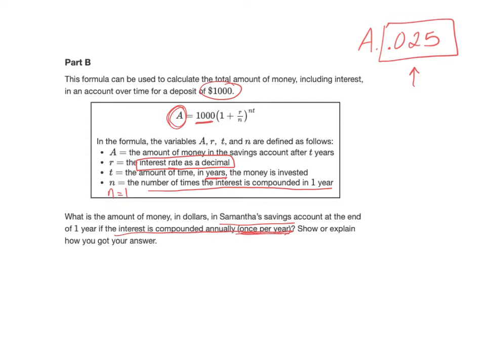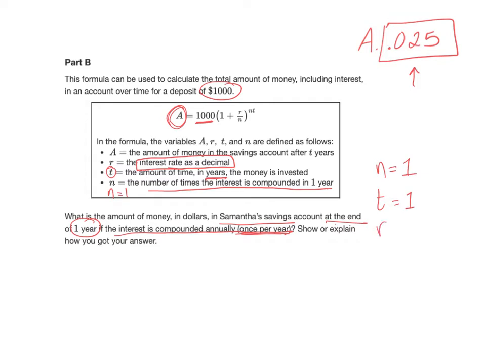And the time frame, actually, oh yes. So what is the amount of money at the end of 1 year? Okay, so if you notice, T is the amount of time in years that the money's invested. So they want us to determine how much money there is after 1 year. So T will also equal 1, because that represents 1 year as well.